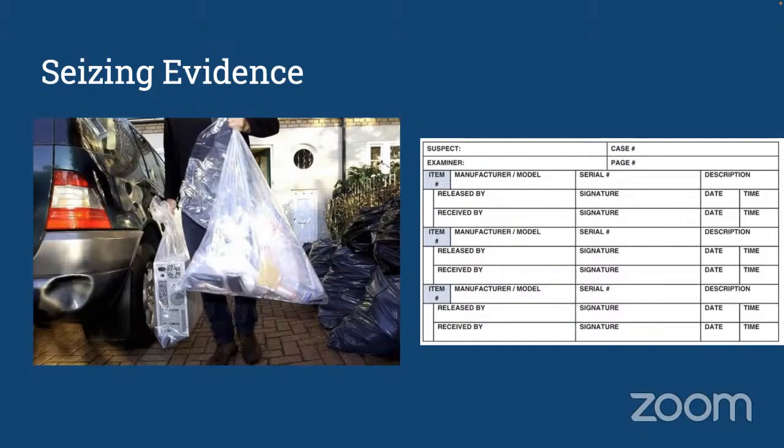The assumption must always be that evidence acquired will end up in court. Therefore, everything must be handled in accordance with the law, legally obtained through court order, through a subpoena, through a search warrant, or with consent of the owner.